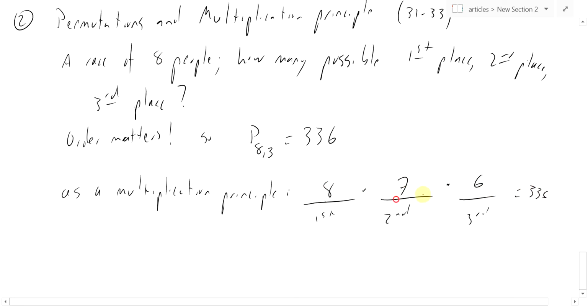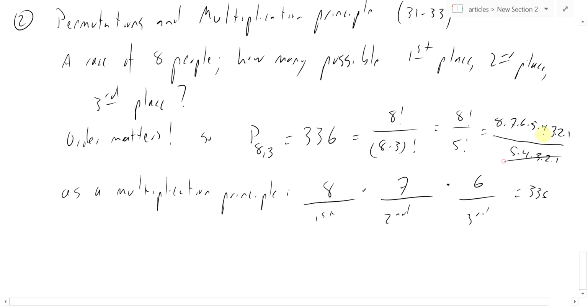Why do these equal that? The formula for the permutation is 8 factorial over (8 minus 3) factorial, which is 8 factorial over 5 factorial. This is 8 times 7 times 6 times 5 times 4 times 3 times 2 times 1 over 5 times 4 times 3 times 2 times 1. Cancel that out, and you get 336.